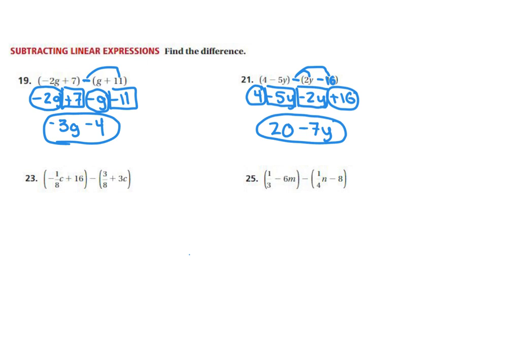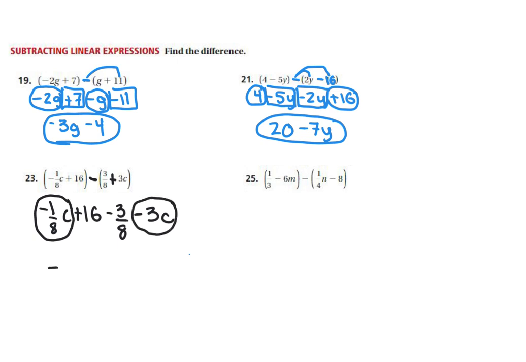Question number 23, we have negative 1/8 c plus 16. Now we'll do the opposite of 3/8, which is minus 3/8, and the opposite of plus 3c, which is minus 3c. So now I see that we have negative 1/8 c and negative 3c, so that's going to be negative 3 and 1/8 c.